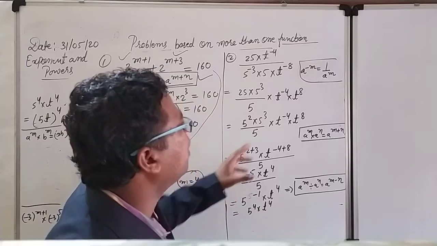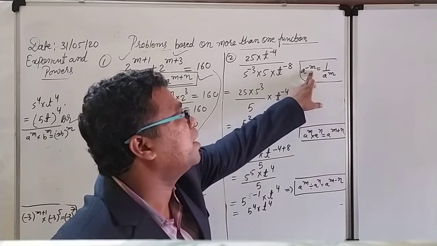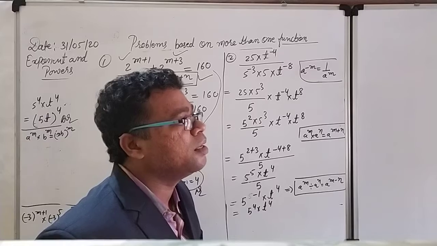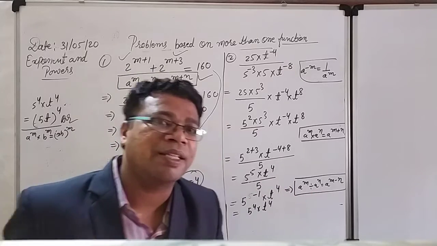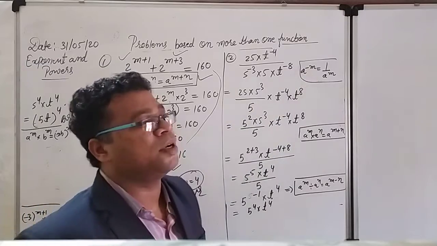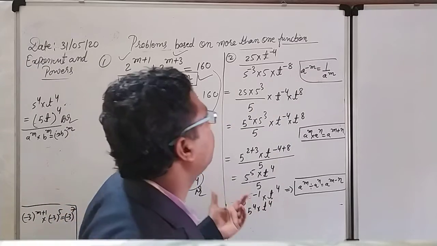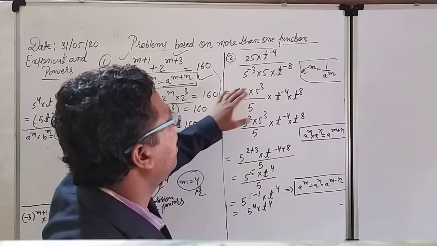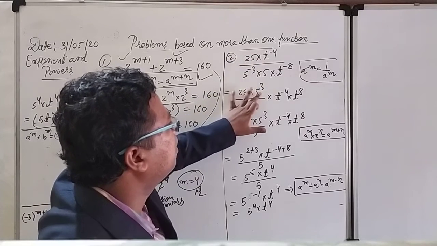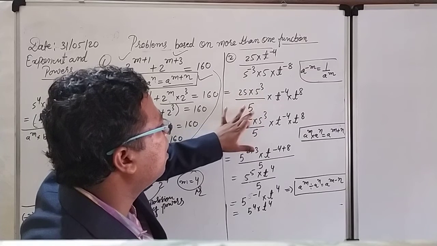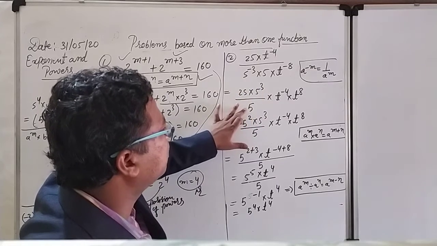So first, I am applying the rule a to the power minus m. If a negative exponent is there, we have to take the reciprocal, and whenever we take the reciprocal, the negative exponent is converted into the positive form. So 5 to the power minus 3, I am transferring to the upper side: 5 to the power 3 upon 5, same as I have taken here.